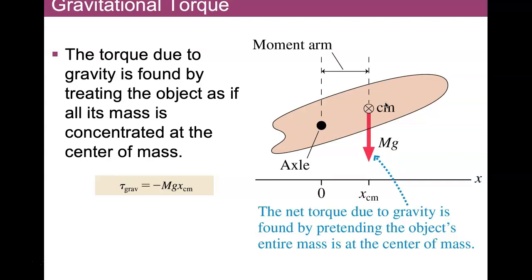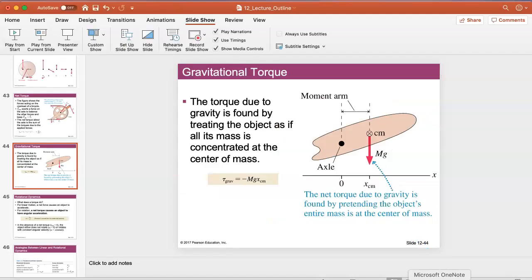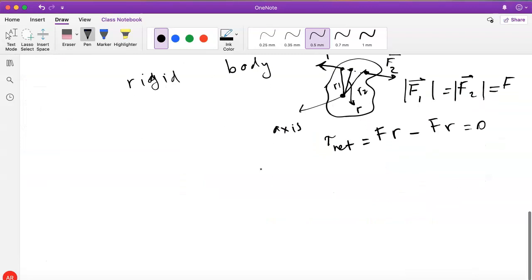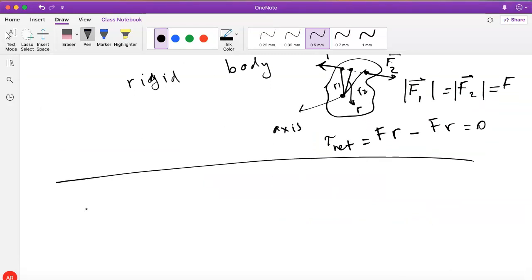So maybe let's try to get a little bit more detailed about this. Torque due to gravity on a rigid body.